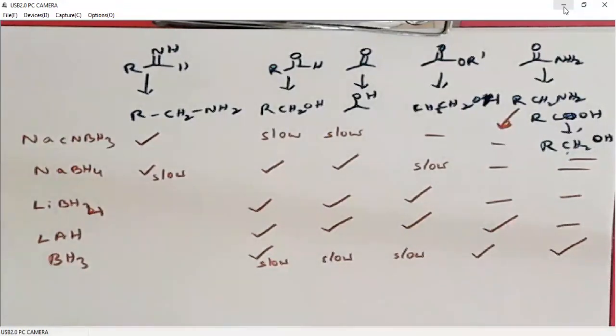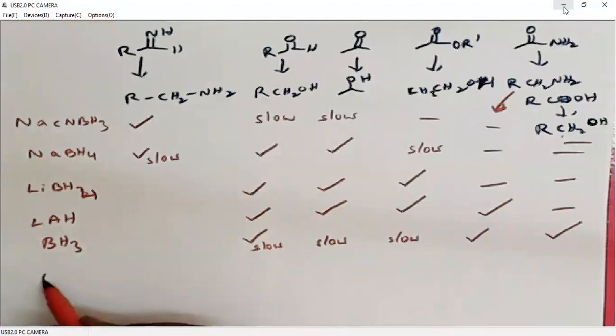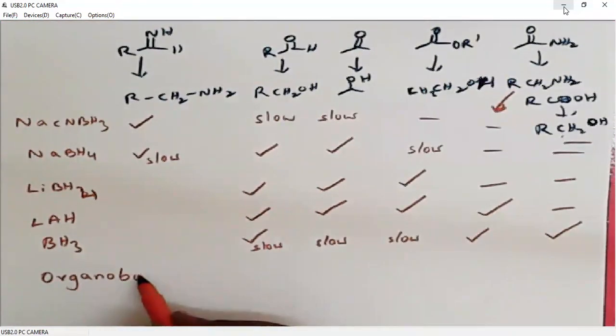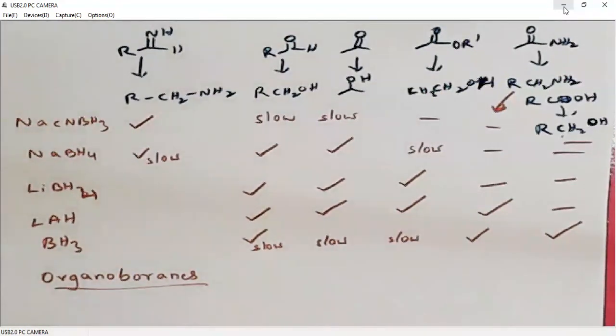So in the electrophilic reducing agents, next we will see diborane and organoboranes. Organoboranes are also electrophilic reducing agents. What we generally use is diborane gas, B2H6.